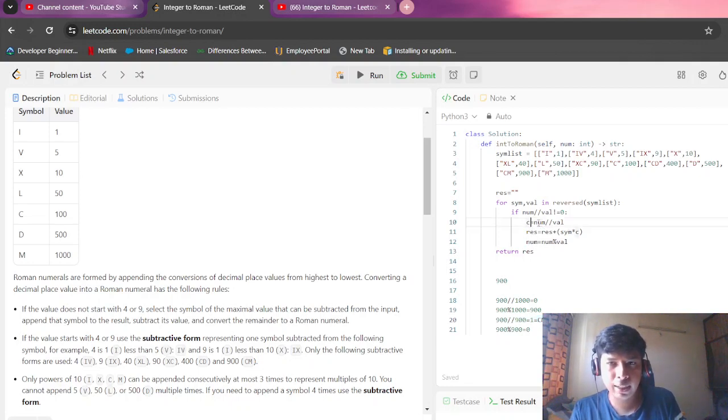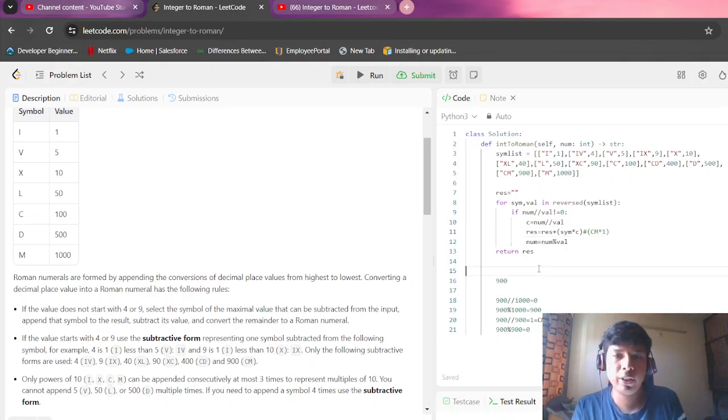Suppose our num is 900, so 900 divided by 900, we get c equal to 1. Now here this is a string. What we are adding to the string is sym, which is cm, and cm times c, which is 1, which means cm would be printed once.